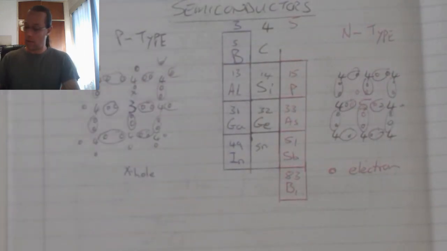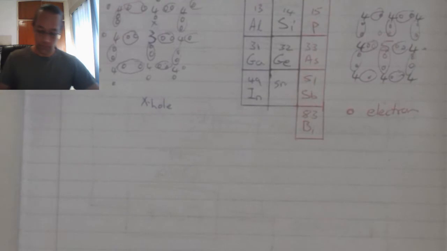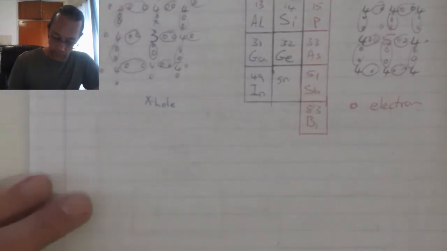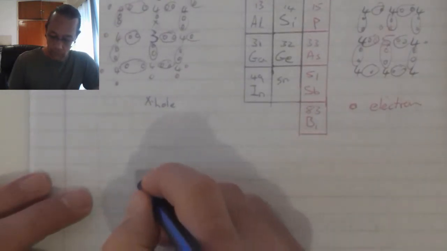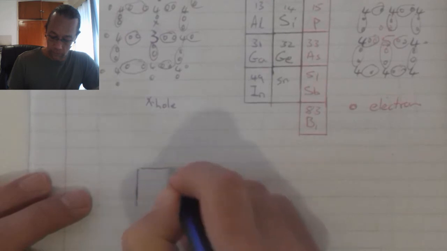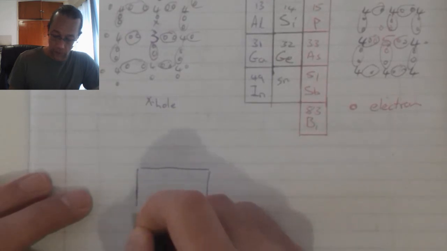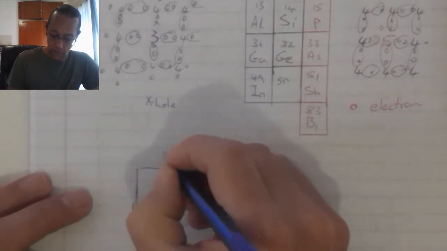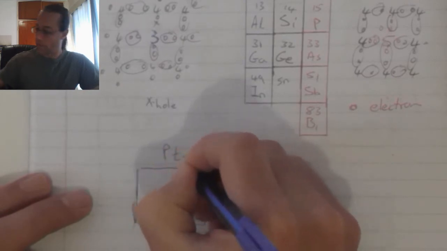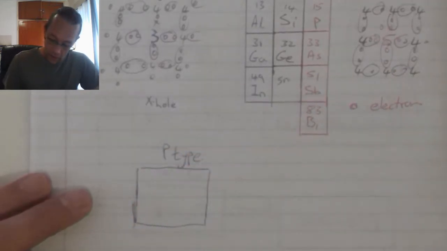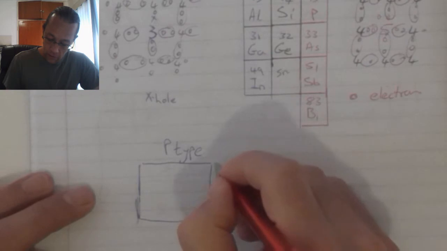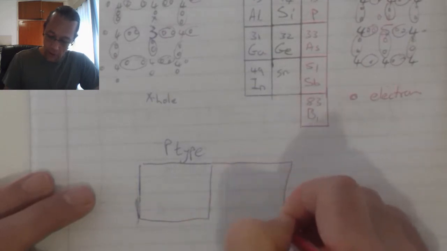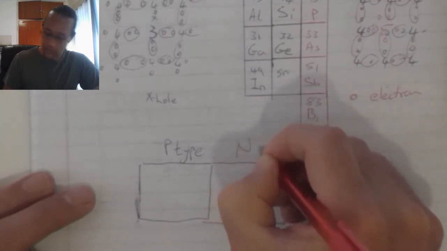Now, when we combine the N and the P-type material, it's my P-type, and I'm combining it with an N-type.